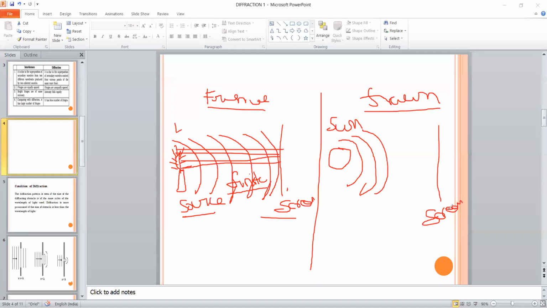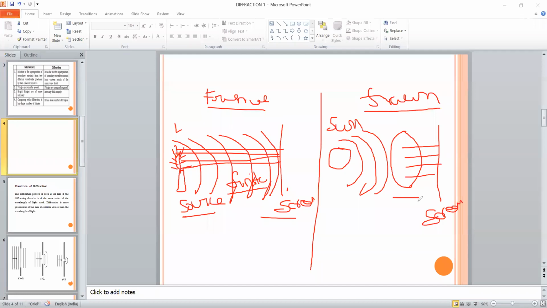So here, we need a convex lens. Why? Because to convert these sun rays into a parallel beam of rays. Why? Because these sun rays travel a long distance. So we need a lens.